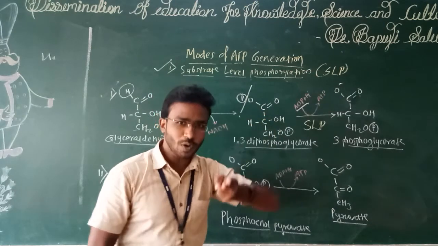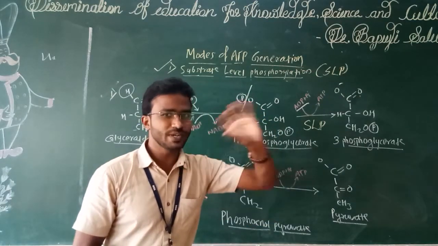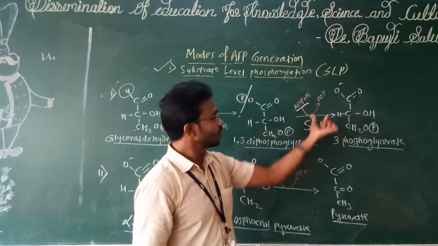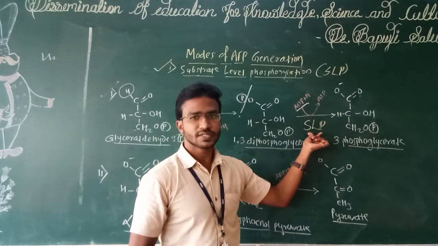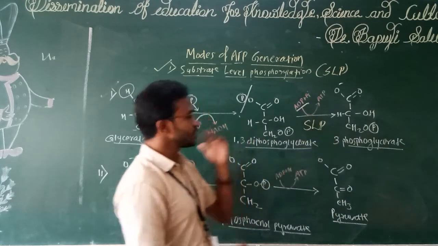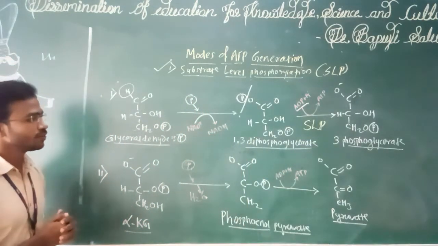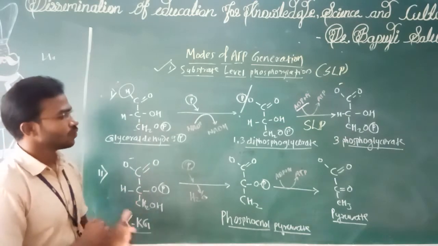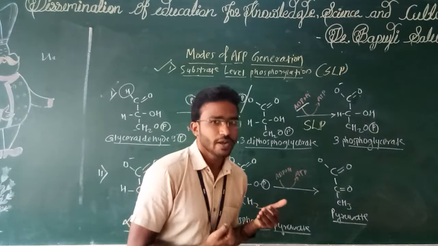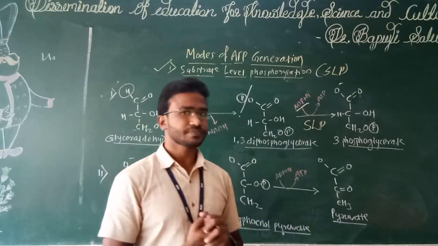So substrate is broken down, high energy phosphate is released, that is added in the ADP and that forms ATP. This is the way of ATP generation known as substrate level phosphorylation. So this is the first example from EMP pathway at which substrate level phosphorylation is the way of ATP generation.